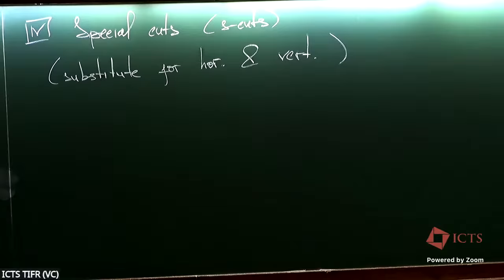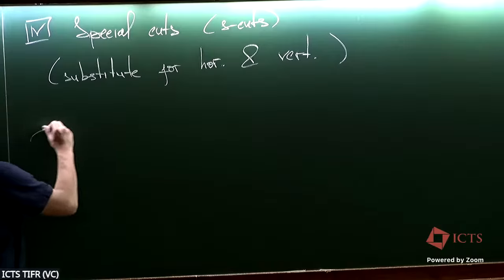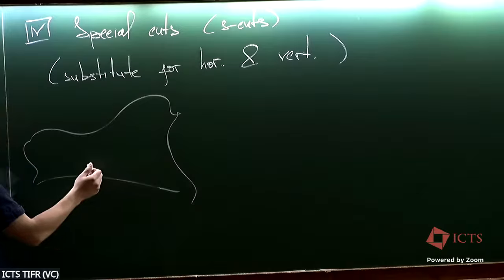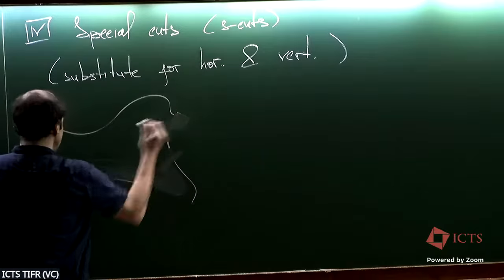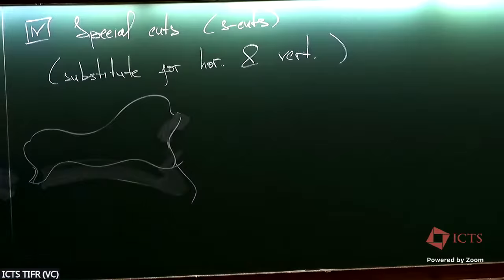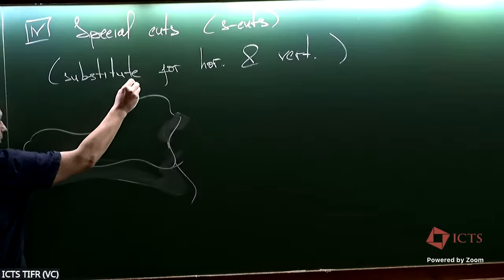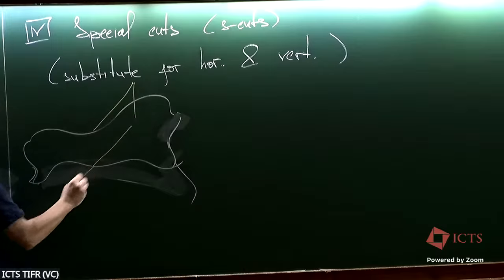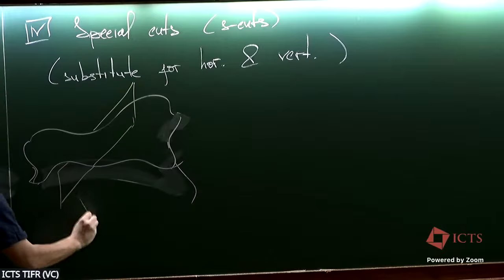If I have whatever surface, I doubt I will be able to draw a good picture, but at least try. So this is my surface in R^2+1. What I should do is cut it by a slope 1 plane. So this guy is a slope 1 plane.